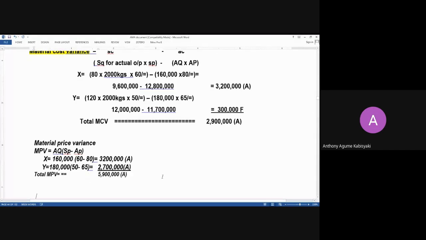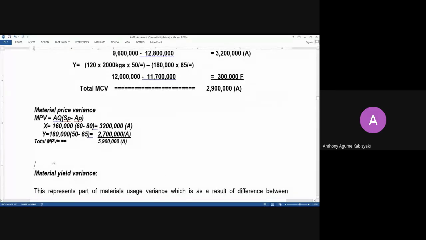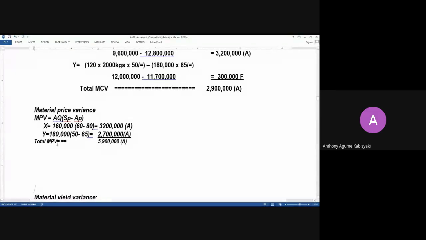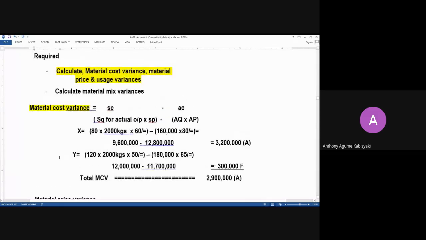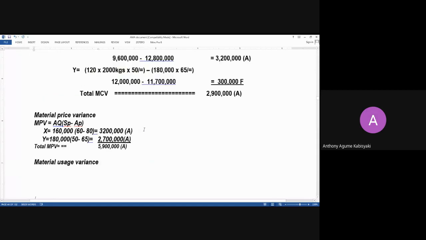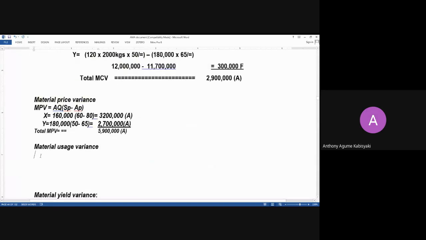So now I go to material usage variance. Also, we are asked to compute for material usage. How do I compute material usage? MUV.